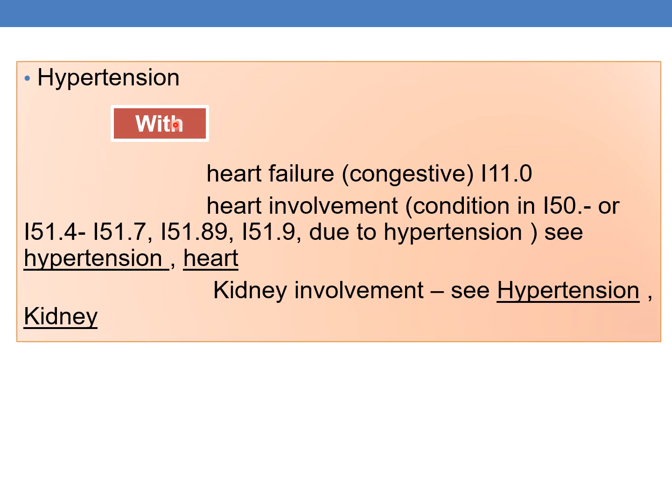Here the "with" indicates that these two conditions should be coded as related even though the physician does not document that they are related. So whenever there is heart failure with hypertension, you need to consider the code I11.0, not I10, which is the code for simple essential hypertension.